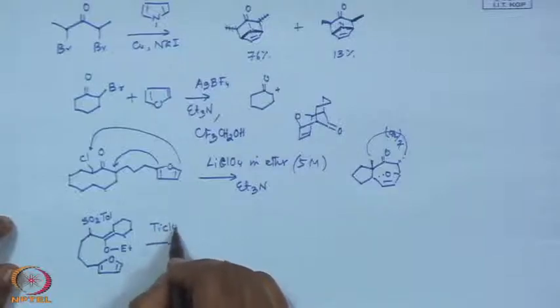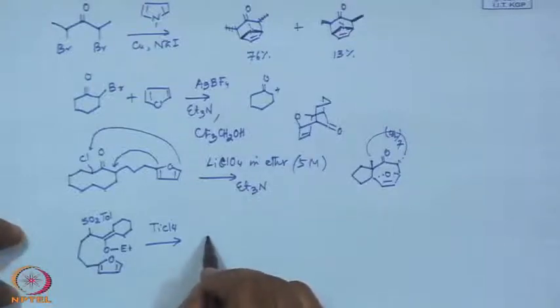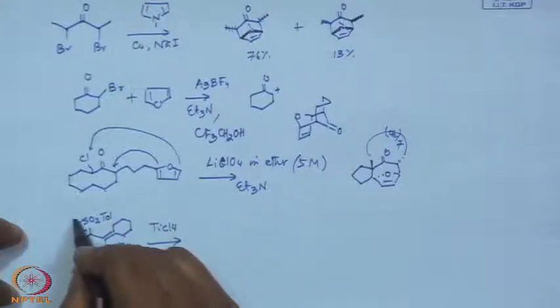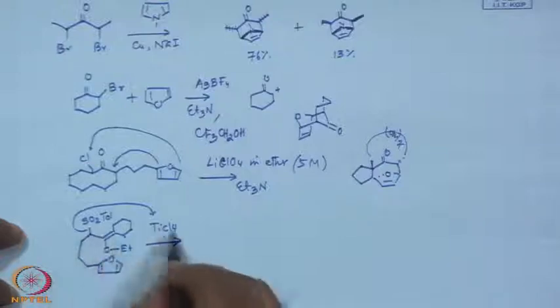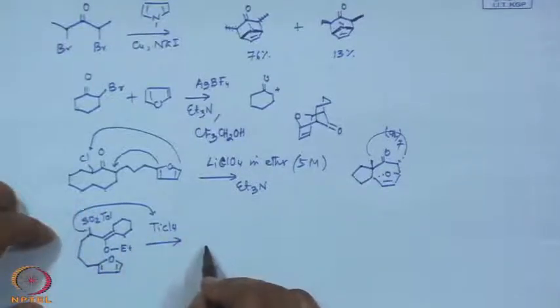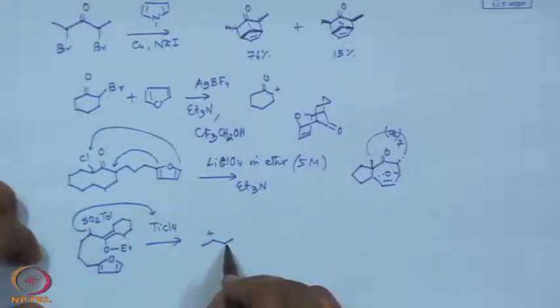In this example it has been used as titanium tetrachloride. Mechanistically, you will see coordination takes place, actually at the oxygen end. So, this becomes the carbocation.